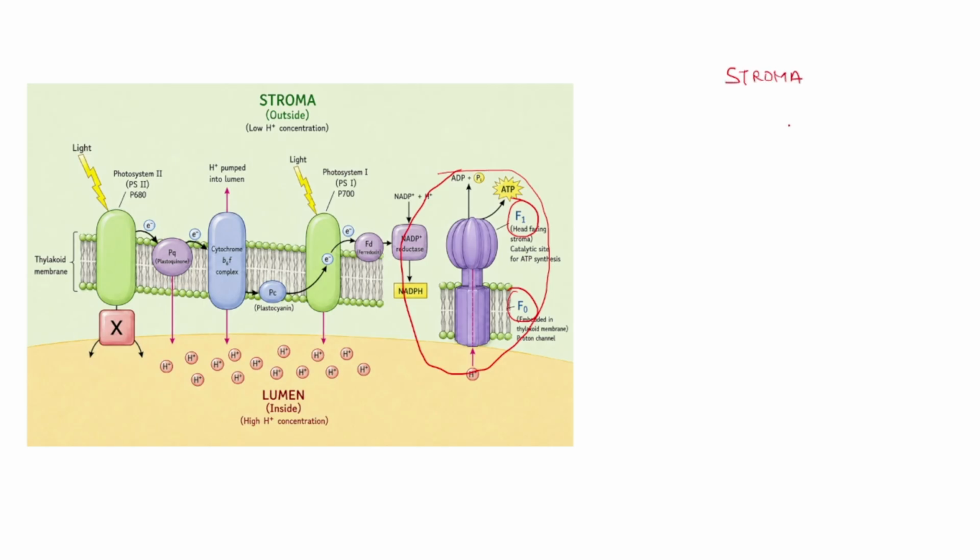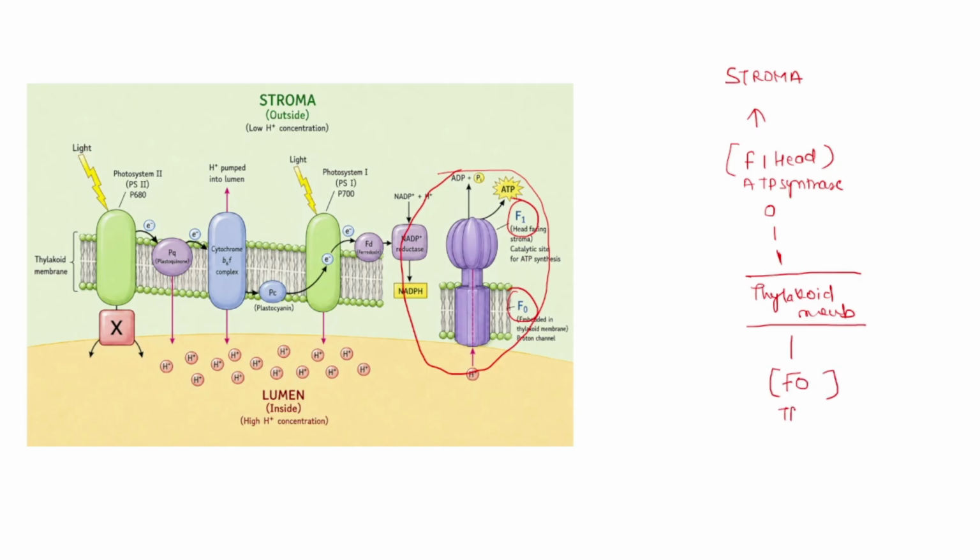Stroma, then F1 head, ATP synthase, thylakoid membrane, F0 of ATP synthase. The F0 region is embedded in the thylakoid membrane. Secondly, it forms the channel through which protons pass from the lumen towards the stroma.